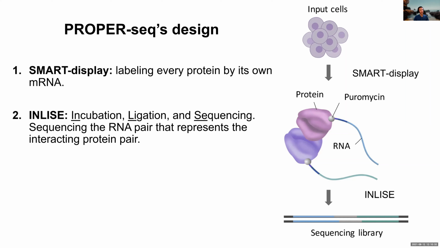In the next step, we call it the Inlet step, that is short for incubation, ligation, and sequencing. That would convert every pair of interacting proteins' labeled pair of RNA into DNA sequences that are suitable for DNA sequencing. And through simultaneously sequencing this pair of RNA, we hope to reveal the original pair of interacting proteins.